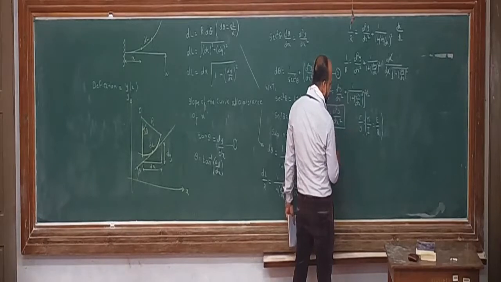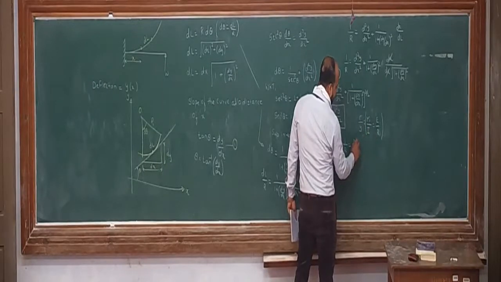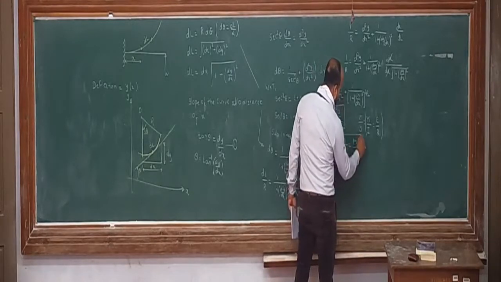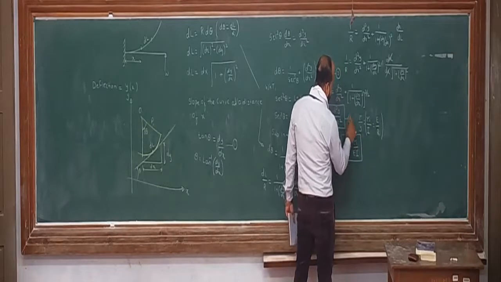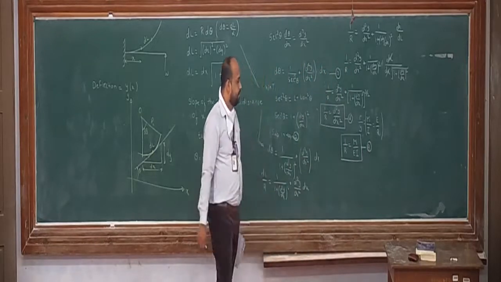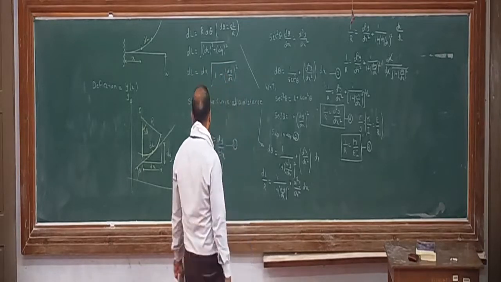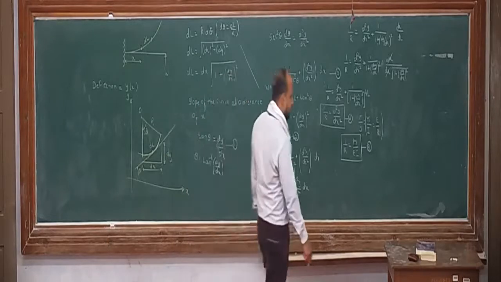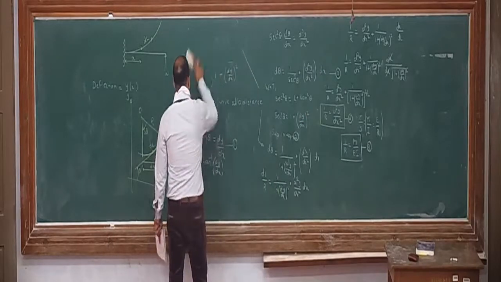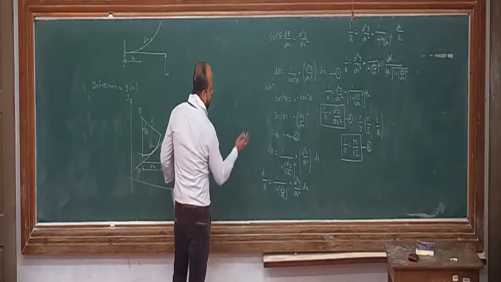Therefore, what will we get here? From this, 1 by R is equal to M divided by E into I. You can call this equation A and you can call this equation B. Equating equations A and B, we get, 1 by R is common.